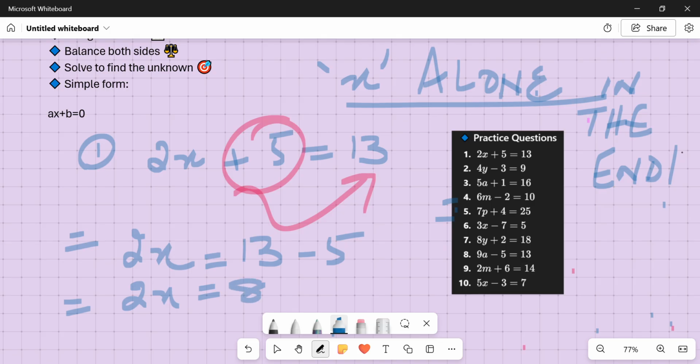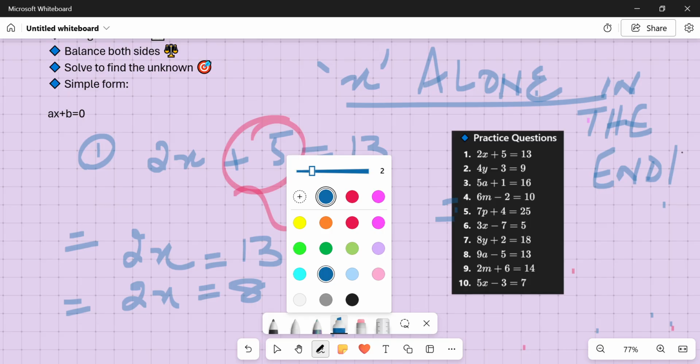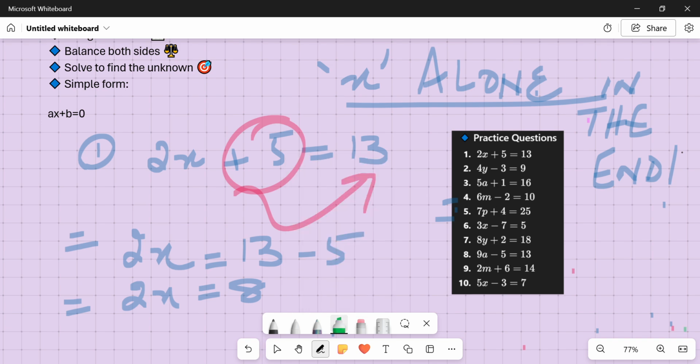Now students, we don't need any number with the variable, so we don't need the 2 here. What is the sign between 2 and x? The sign is multiplication. So x equals 8 divided by 2.